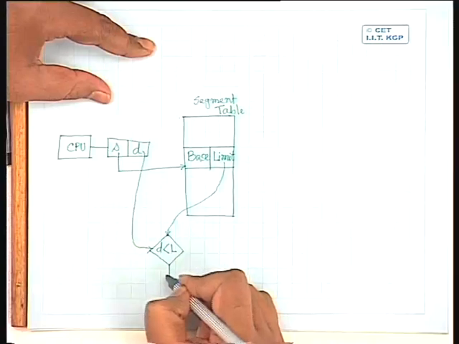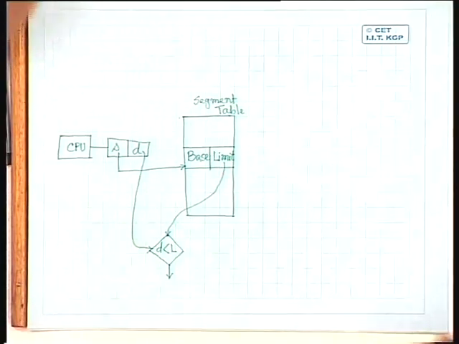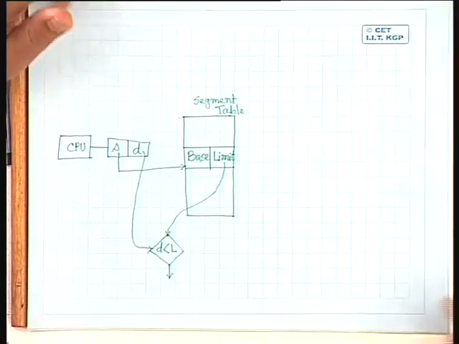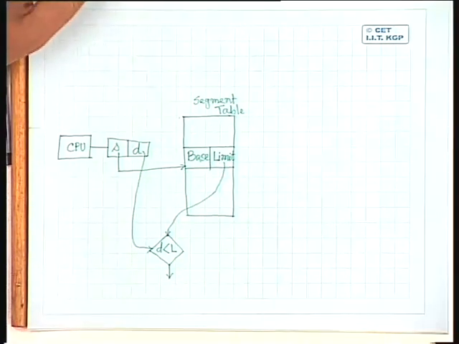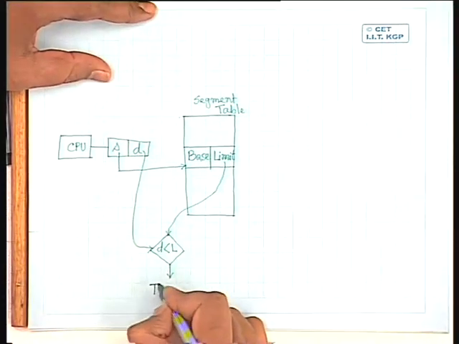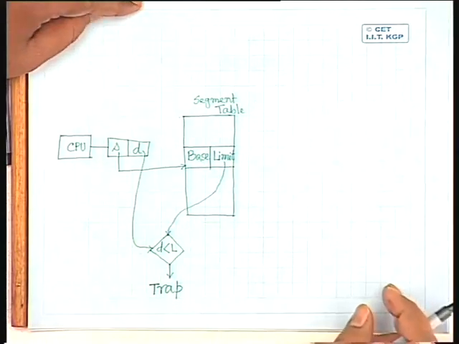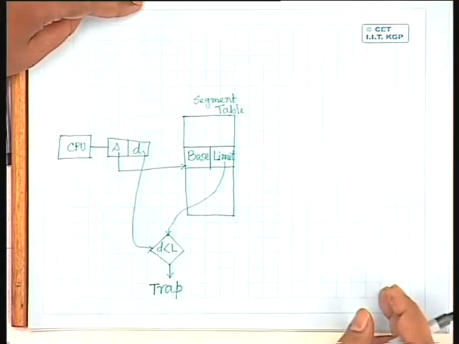If D is not less than limit, that means the address generated by the CPU is wrong, because this offset may lead to interfering with some other function or some other user program. Okay. So if D is not less than limit, immediately there has to be an interrupt or trap following which the program execution has to be terminated.